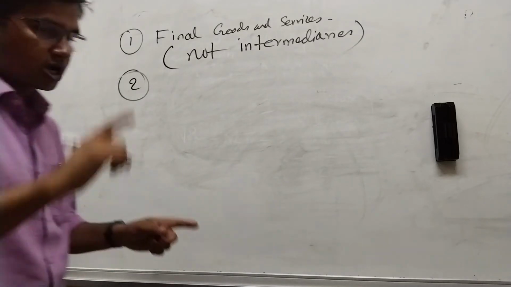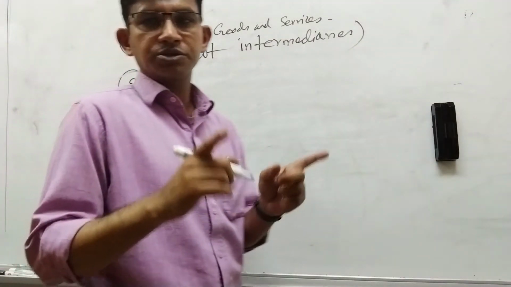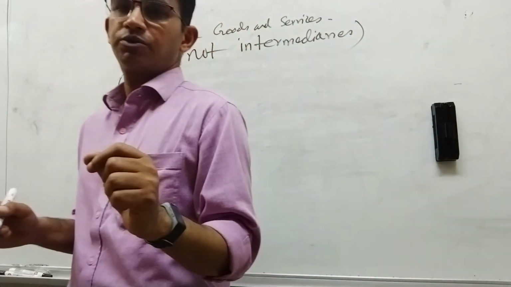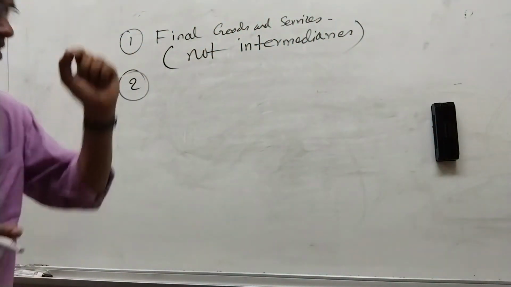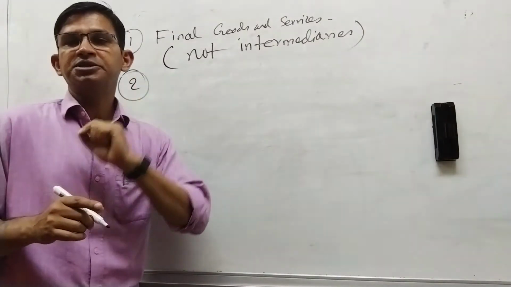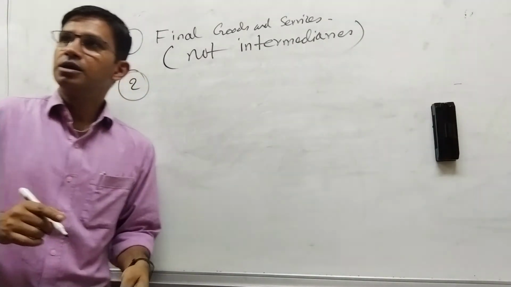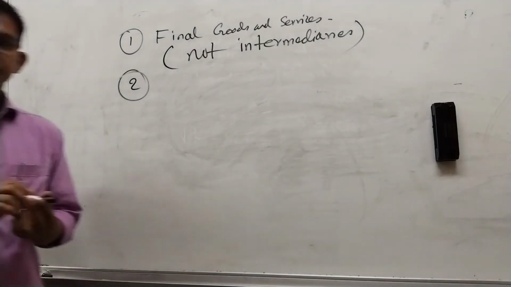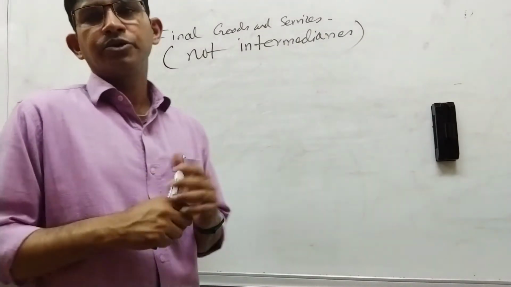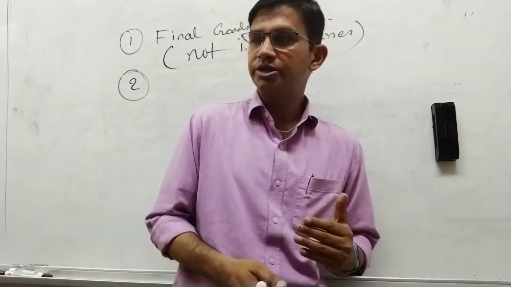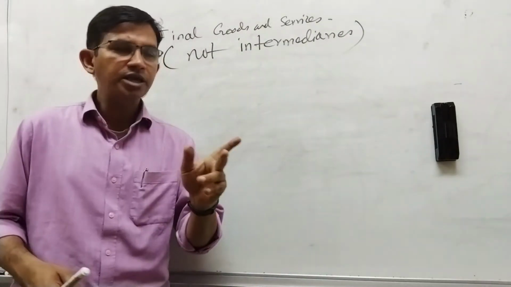we should consider only the purchase and sale of goods and services which are produced in this particular year. That means the purchase or sale of any second-hand good should not be included. For example, if I purchased a car in 2018 and now I am selling the car in 2020, it was already included.